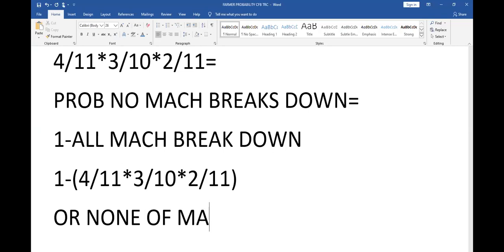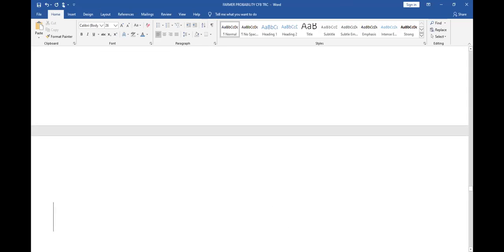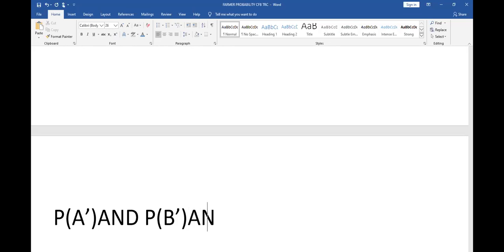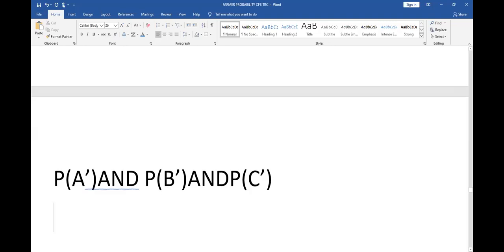So this is going to be the probability of A not breaking down and probability of B not breaking down and probability of C not breaking down, which is 7 over 11 multiplied by, not 3 over 10, sorry, 7 over 10, multiplied by 9 over 11.